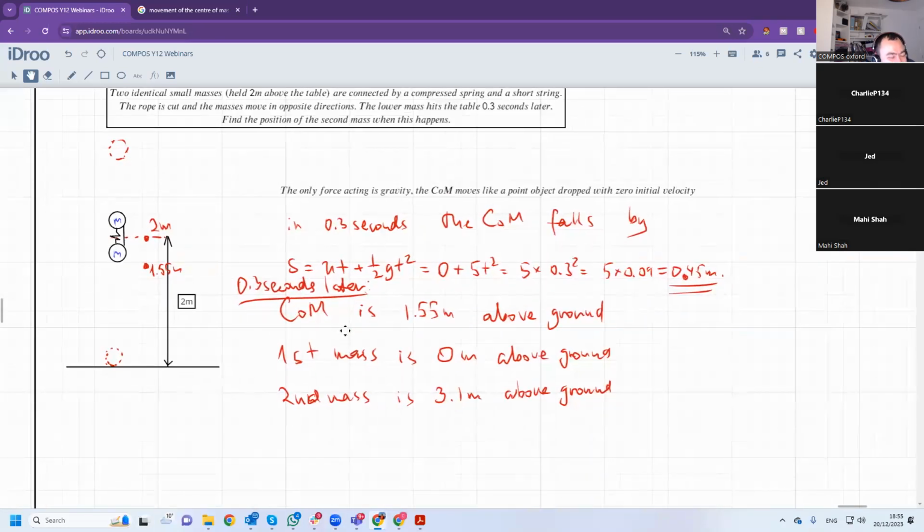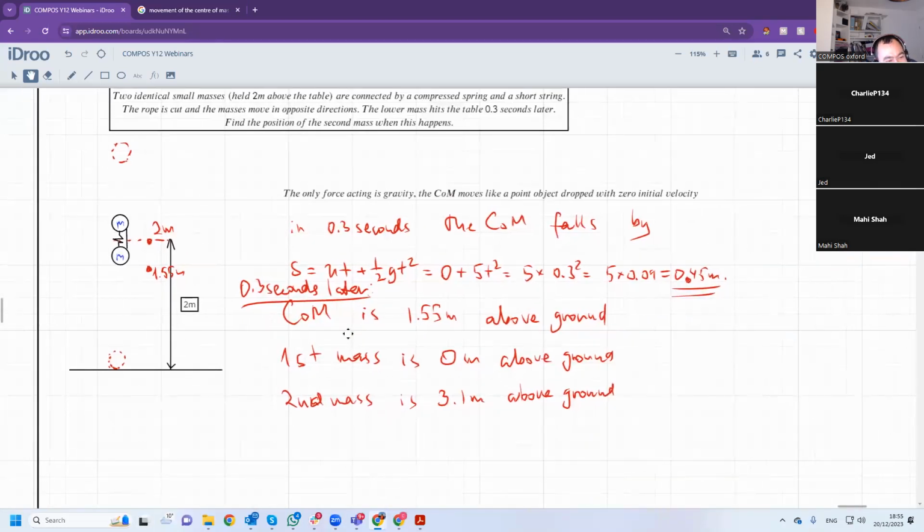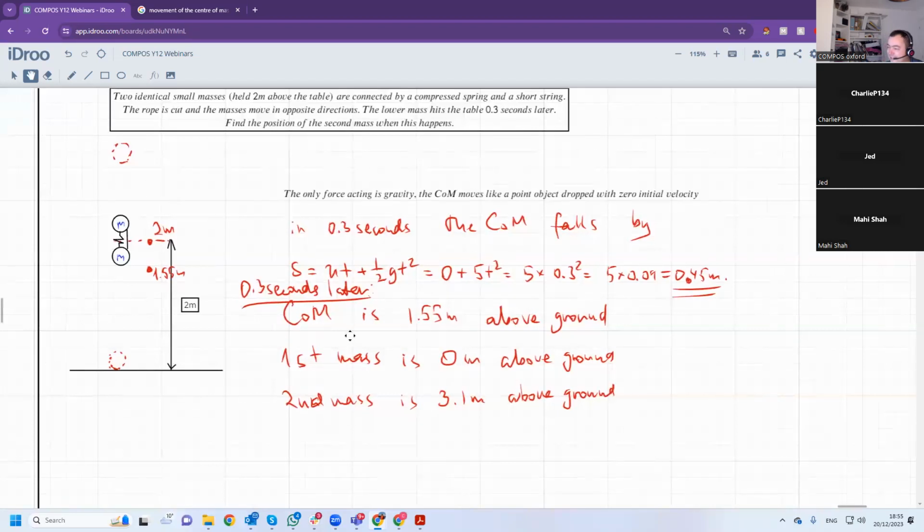Okay, so once again, we know that the center of mass moves as if it was dropped. So it has to fall 0.45 meters, because that's what any object falls in the first 0.3 seconds. In 0.3 seconds, anything, like my calculator, if you drop it, it hits the ground after 0.3 seconds.